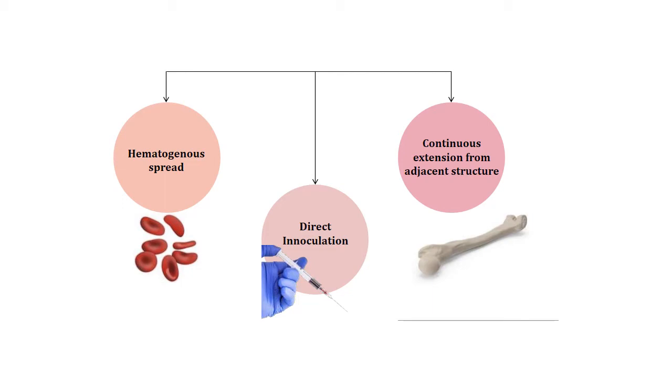That pus which starts from the metaphyseal region of the long bone leaks into the joint cavity and causes septic arthritis, and it may even present as septic arthritis before the patient presents for acute osteomyelitis.